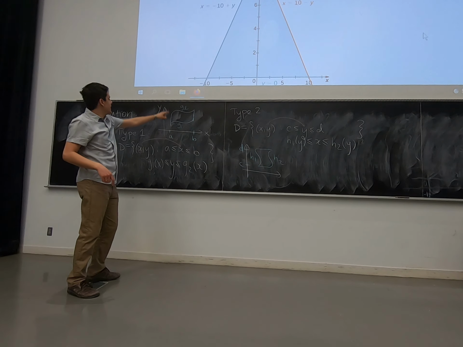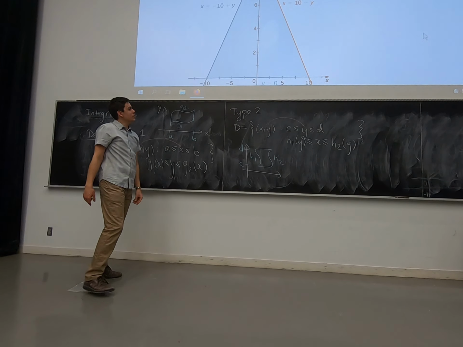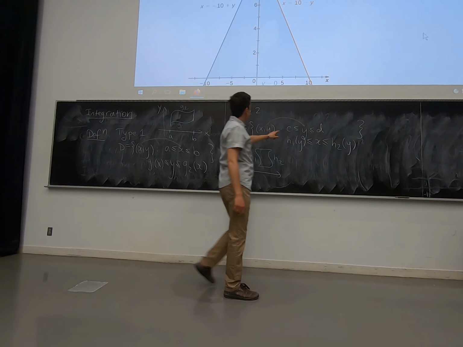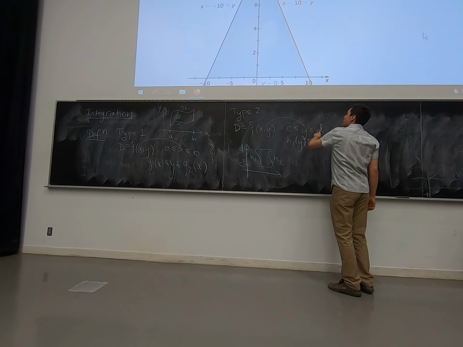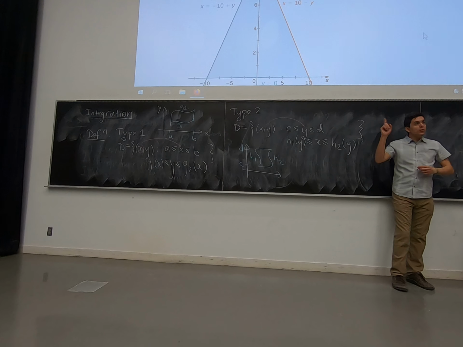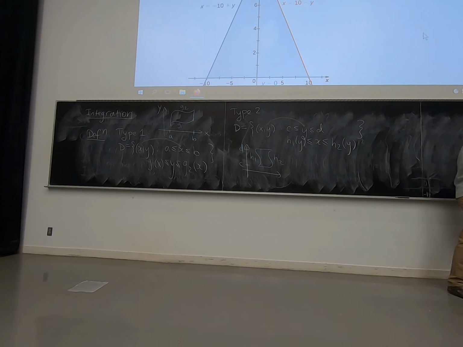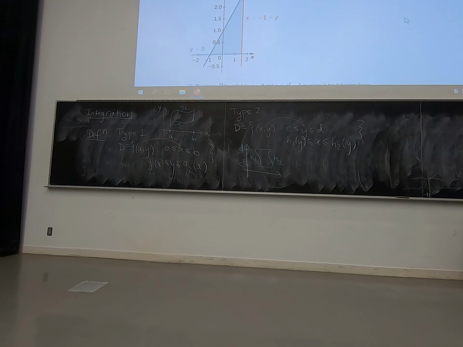We're bounded in x, and we're also bounded in y, from y equals 0 to y equals 10. So this region is both. Similarly, this region will be both type 1 and type 2.